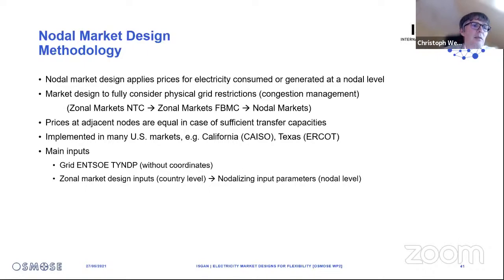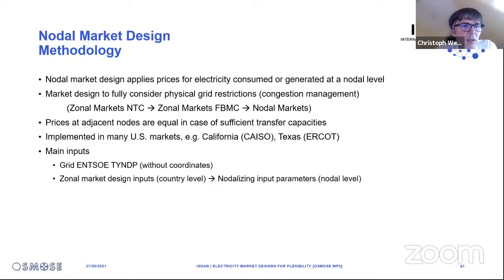That does not mean that prices in nodal markets are necessarily different between different nodes. They will only differ if there are bottlenecks in the grid. And as probably many of you are aware, we have that kind of nodal market design implemented in most parts of the US where we have competitive markets.